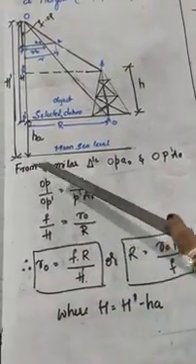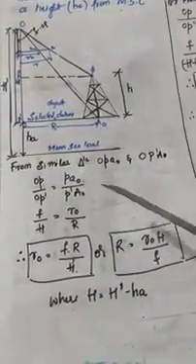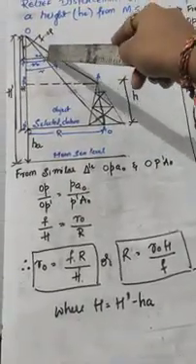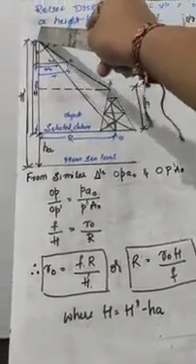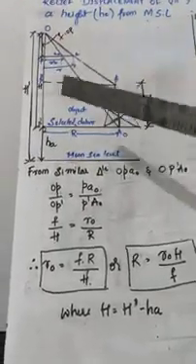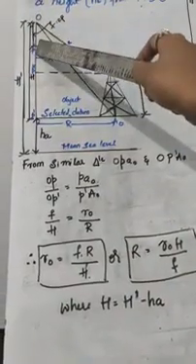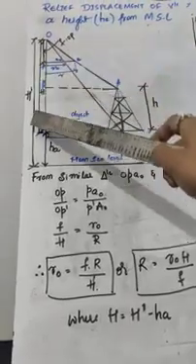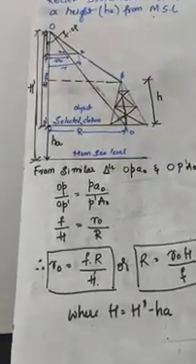So next, from the similar triangles OP A0, this small triangle, and OP dash A0, the bigger triangle, we are writing the similar ratio, that is OP divided by OP dash, then PA0 divided by P dash A0.